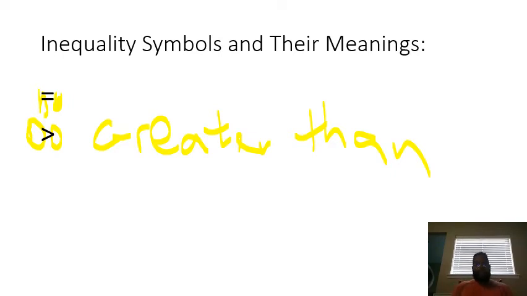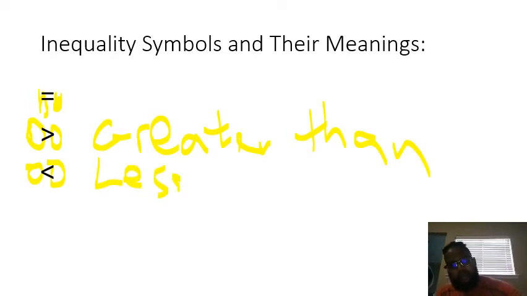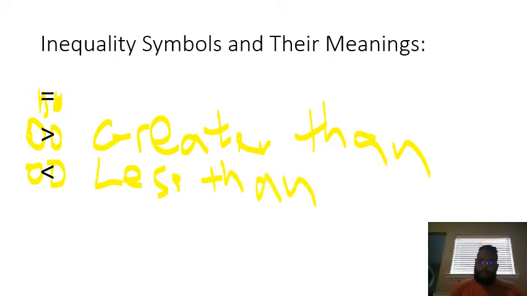And when you tilt that sign the other way, we're saying that what is on the left is less than what is on the right. All right, so that's where these signs came from. They look like arrows, but it's really showing you which side is bigger than the other side.